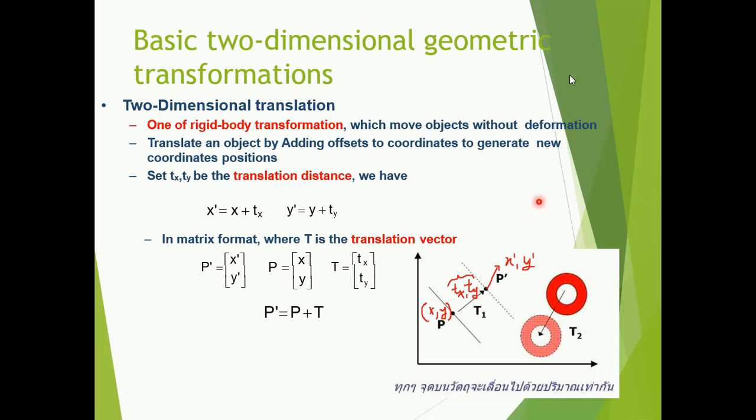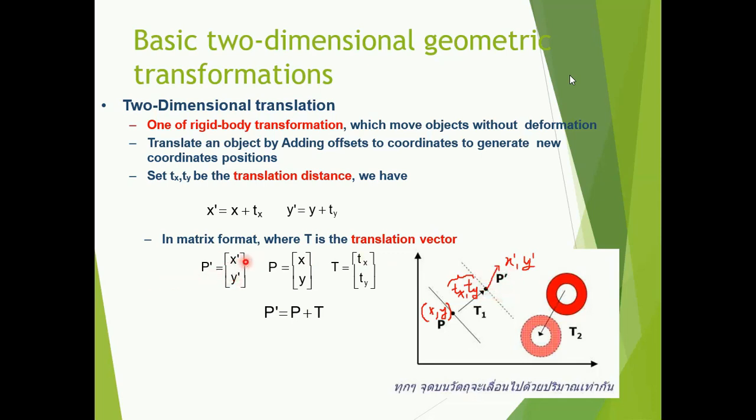Now I am going to represent a point P using a matrix. So let us see what the matrix format is. First, P is equal to a column vector with x and y values: first row x, second row y. Next you have P dash, the new point you have generated.